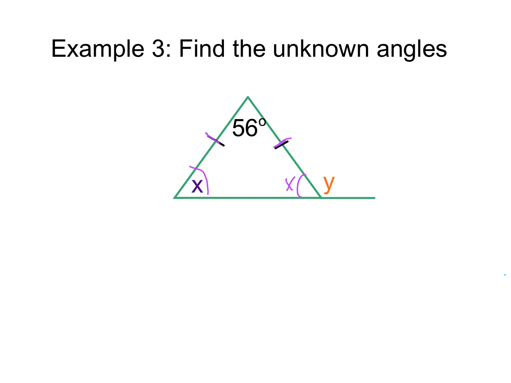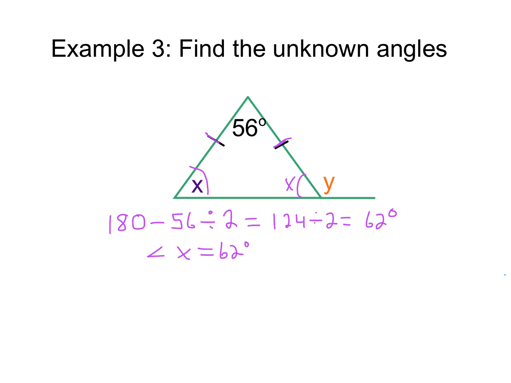Even though we have 2 unknown angles, we can find both because we take 180 for the whole triangle, subtract 56 for the top angle, and divide whatever's left over by 2, into 2 of the same angles. Then we end up with 124 divided by 2, or 62 degrees for each of those angles. So angle X equals 62 degrees.